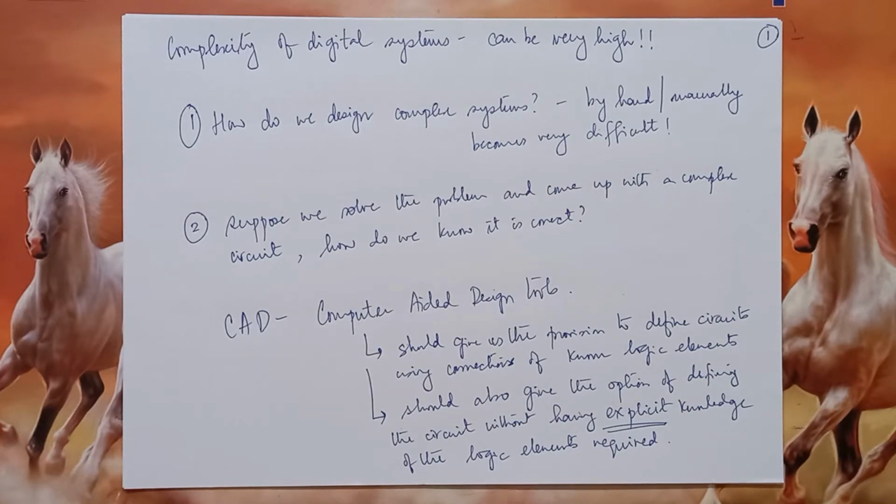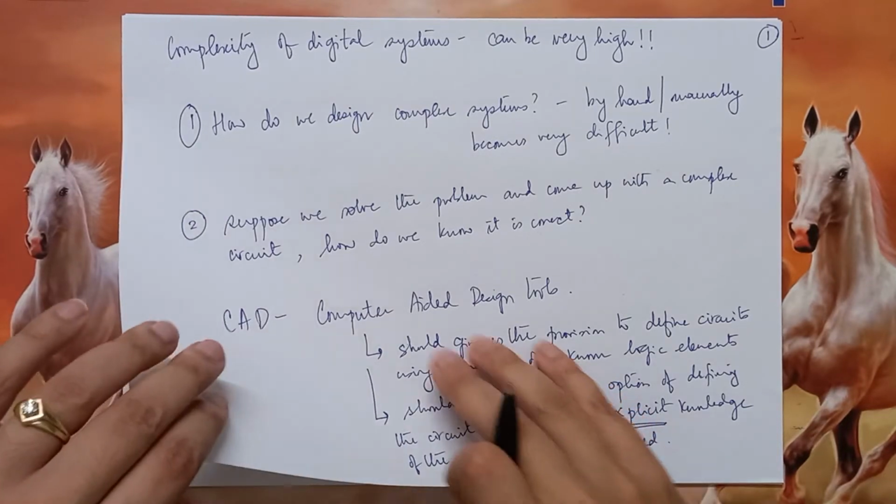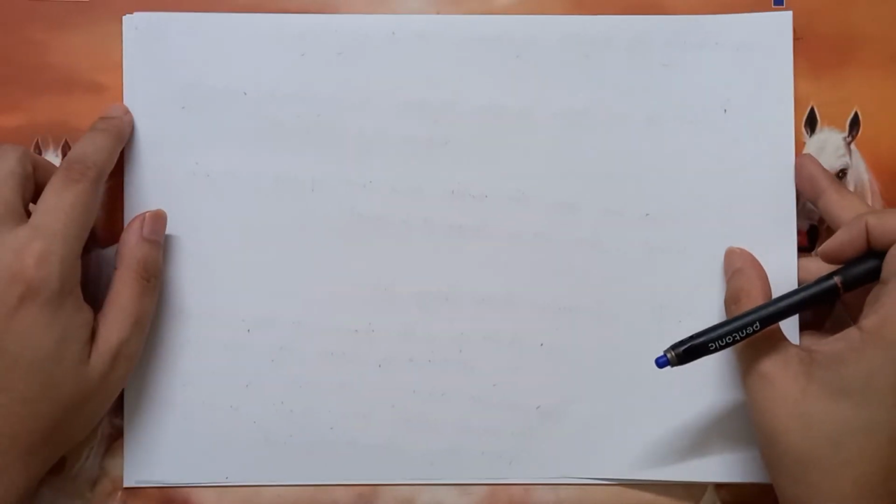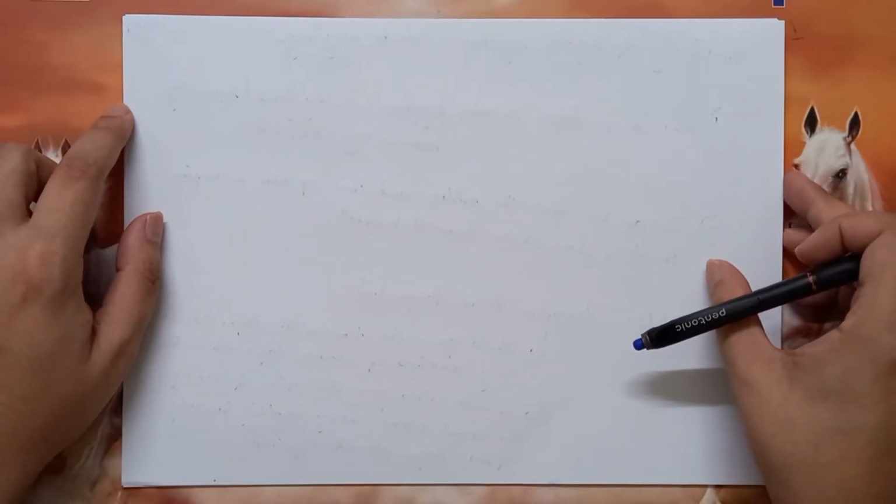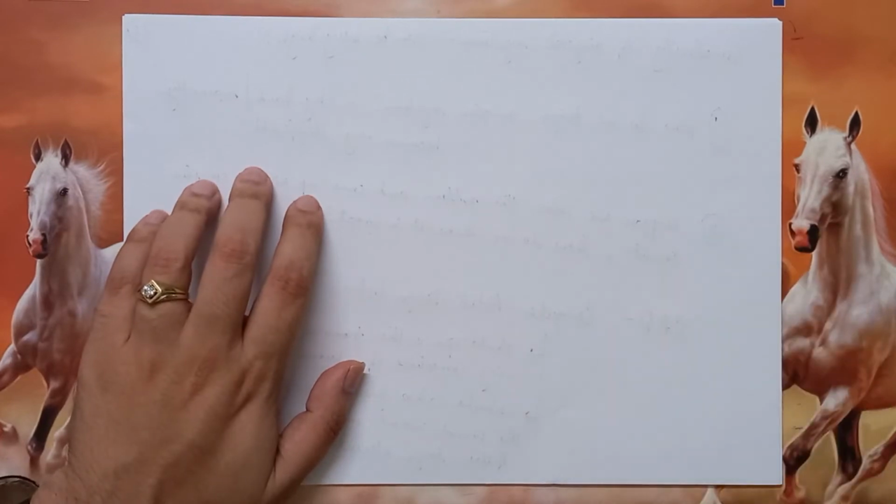But one thing people realized is that while it is one thing to write a program in any programming language for some kind of software application, it is an entirely different thing to write a program for a circuit. Can you guess why that is? Why is it more challenging to write a program for a circuit?